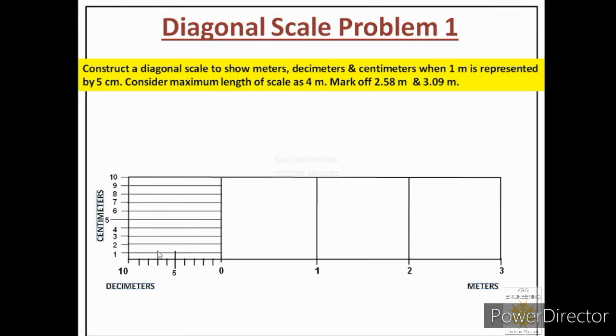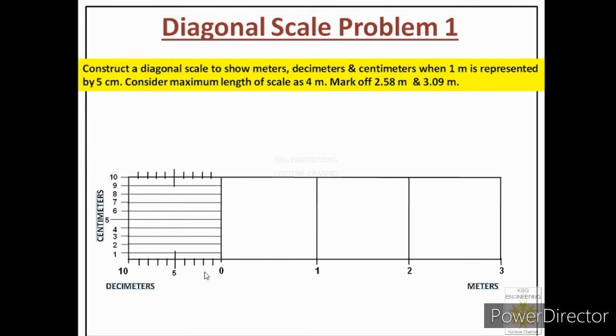That means we will copy these divisions over here again in order to draw diagonal lines. As we know, this is a length of 5 centimeters, and we want to copy these 10 divisions over here. It means again the length of each division will be 0.5. With the help of a scale, I will mark 10 divisions over here, and each division will be 0.5 centimeters, which we have considered over here.